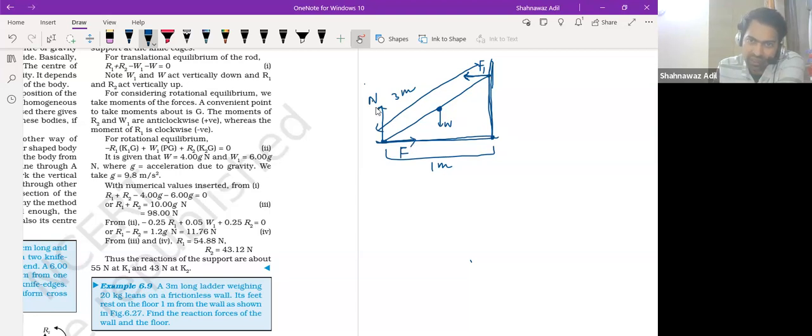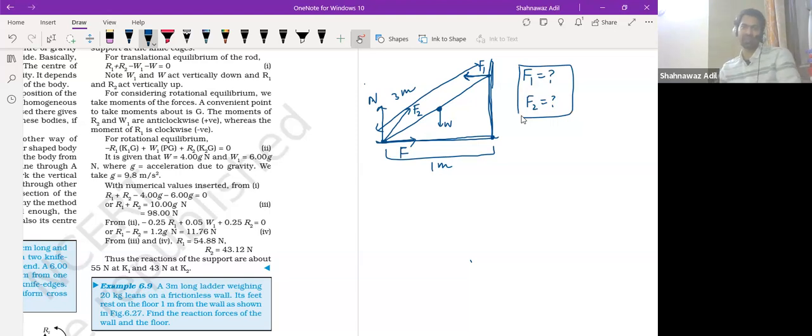And this friction and this normal reaction will have a resultant, right? So let's say this is the resultant. Okay. So we have to find out this F1, and we have to find out this F. These are the things that we have to find.